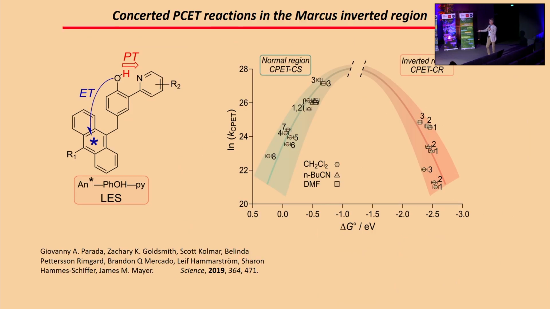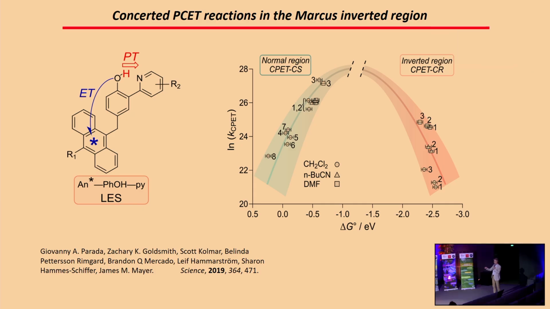So together with Jim Mayer's group we made this series of molecules, an anthracene that is excited, or a cyanoanthracene, and then it is oxidized in a proton-coupled electron transfer fashion by phenol pyridine. So the phenol is oxidized, the proton goes to the nitrogen, and we have substituents here. So we have 8 different compounds with different driving forces.